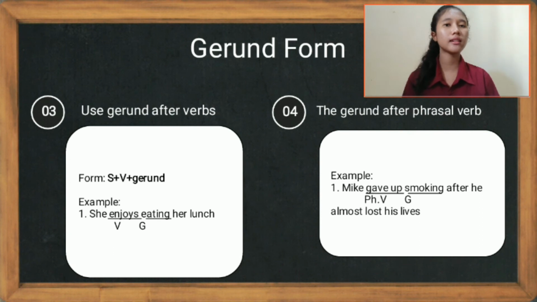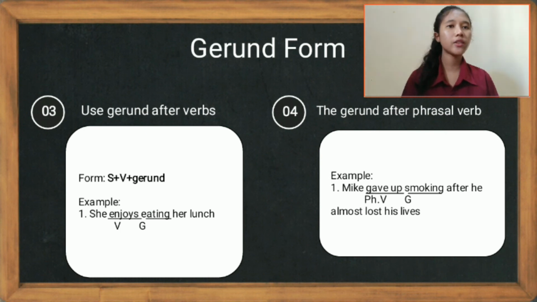Then the next is using gerund after verb. The form is very simple, and it is subject plus verb plus gerund. Example, she enjoys eating her lunch. From the sentence we know that enjoys is a verb and eating is a gerund.